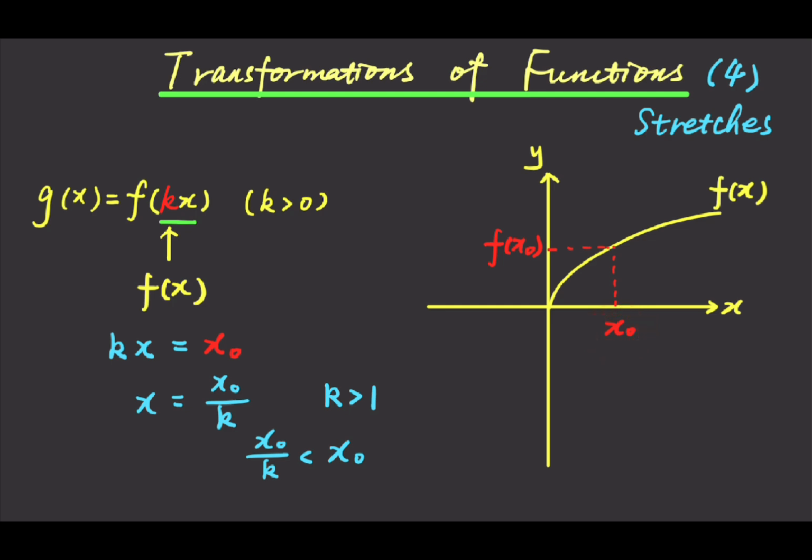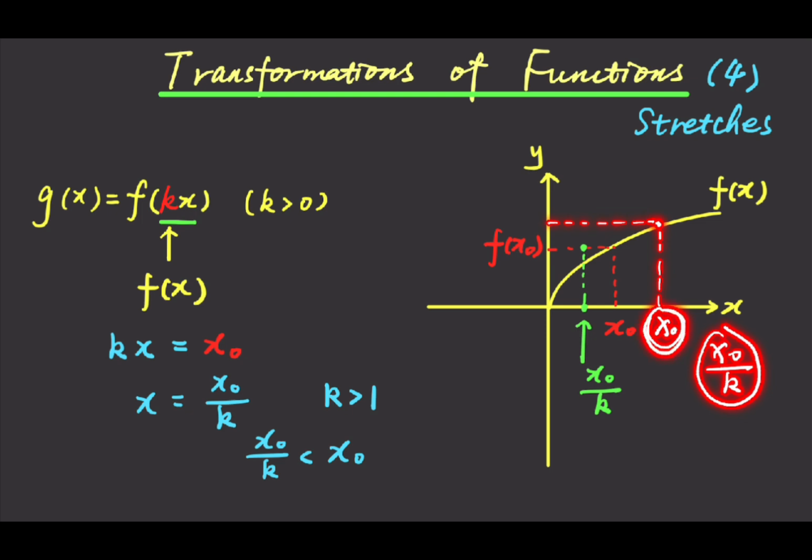It should be here. This is x0 over k. For the other points on the original curve, if we want to keep the y coordinates unchanged, we need to figure out x0 over k. This new x coordinate must be on the left side of this x0, so it should be here.